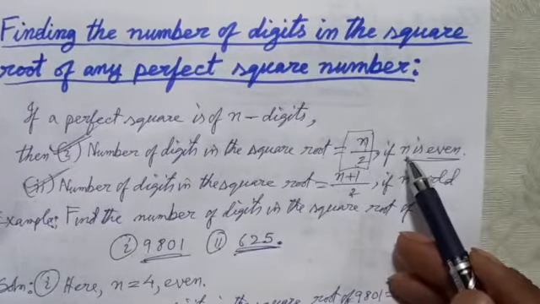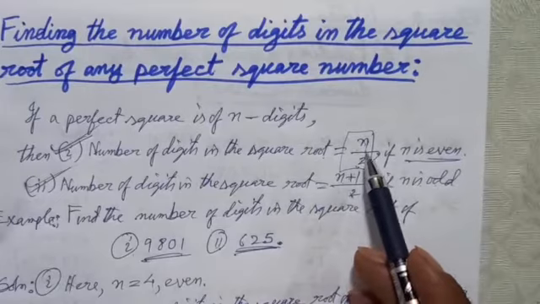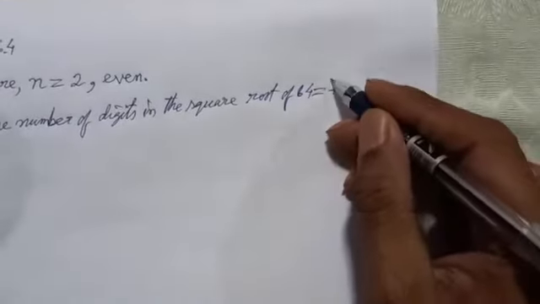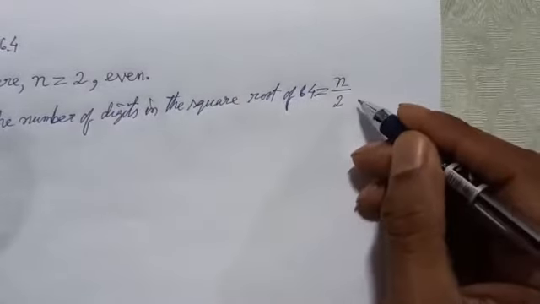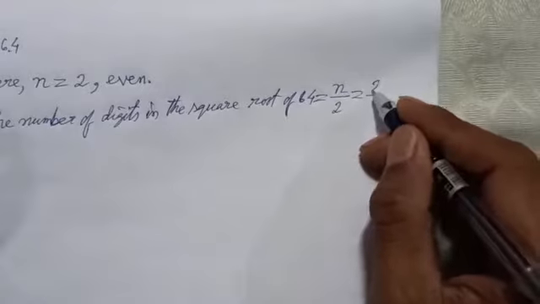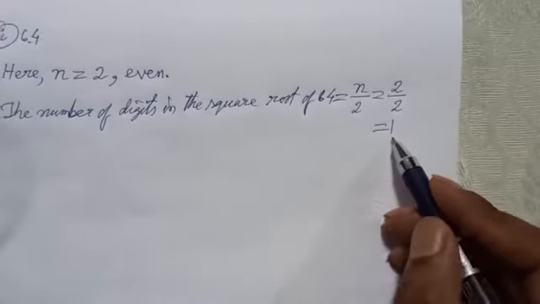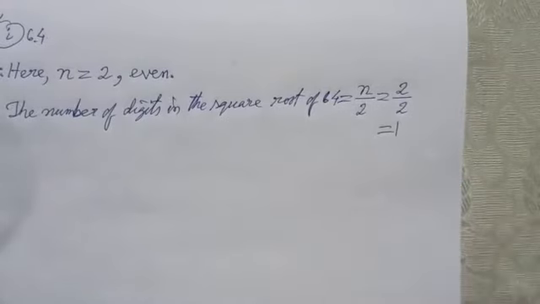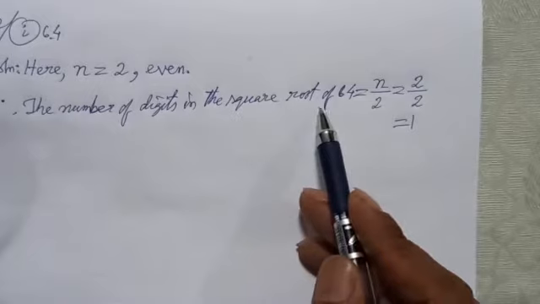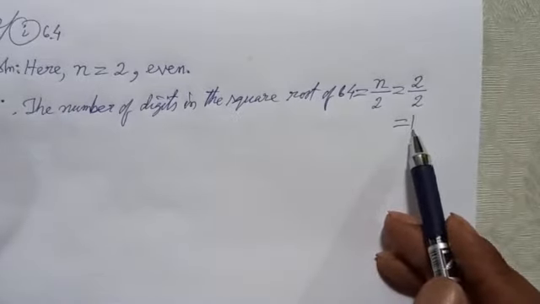If n is even, the number of digits in the square root is n by 2. So we have to use this n by 2. Here n is 2. If 2 is divided by 2, then we are getting 1, and 1 is the answer. So the number of digits in the square root of 64 is 1 digit. Here this question is over.